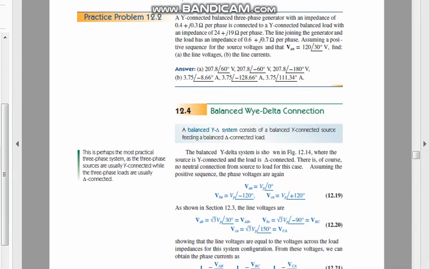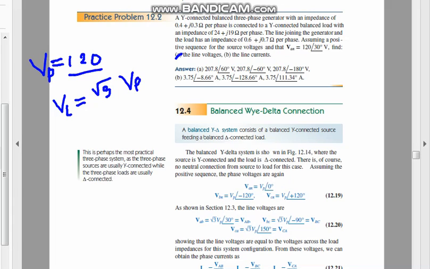The phase voltage VP is 120. Now you have to find VL. VL will be root 3 times VP, so root 3 into 120.